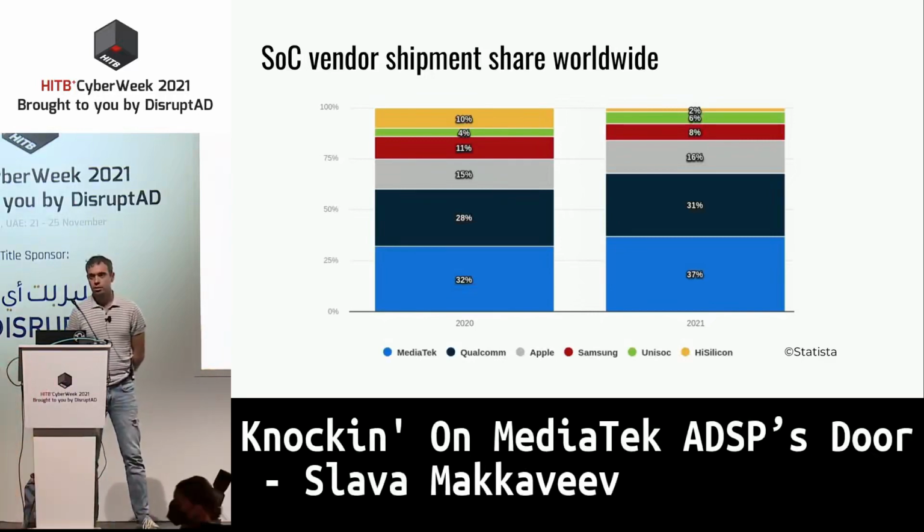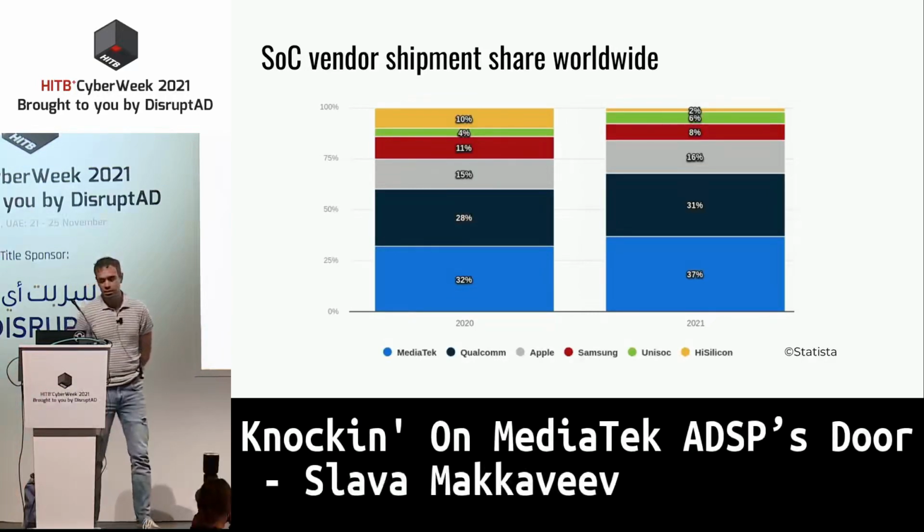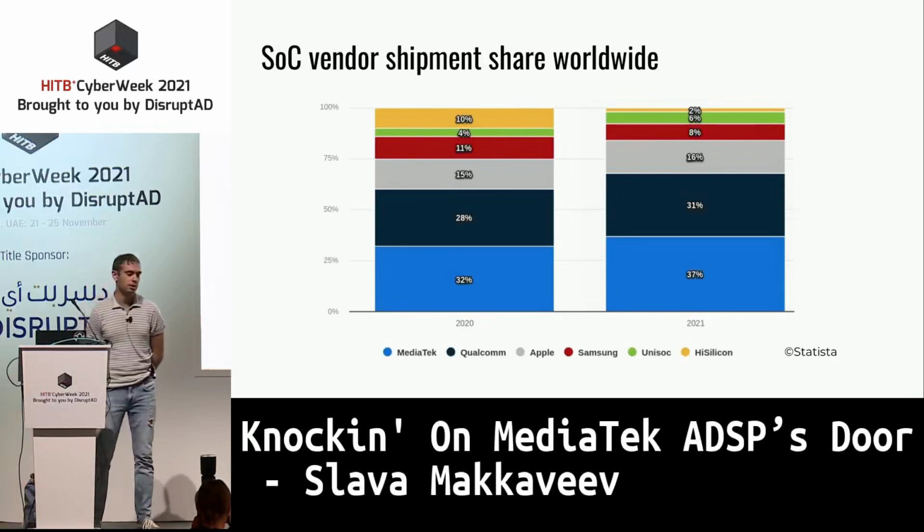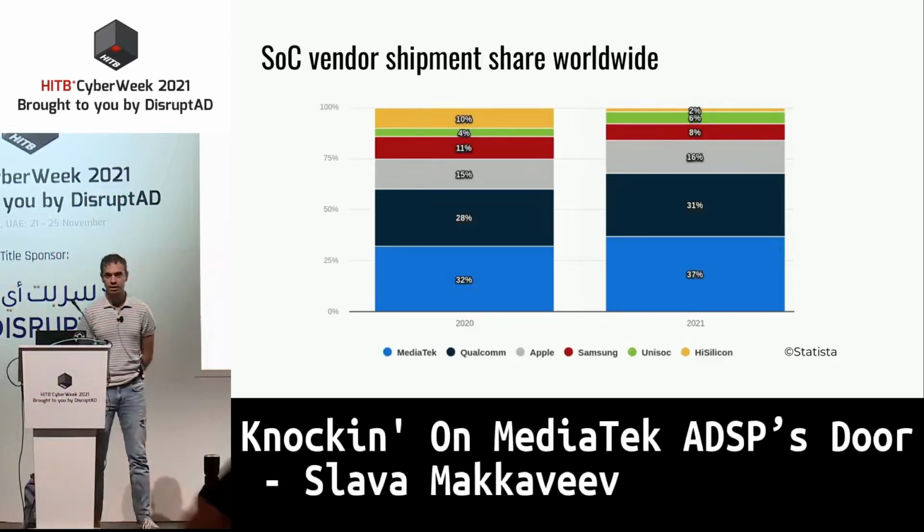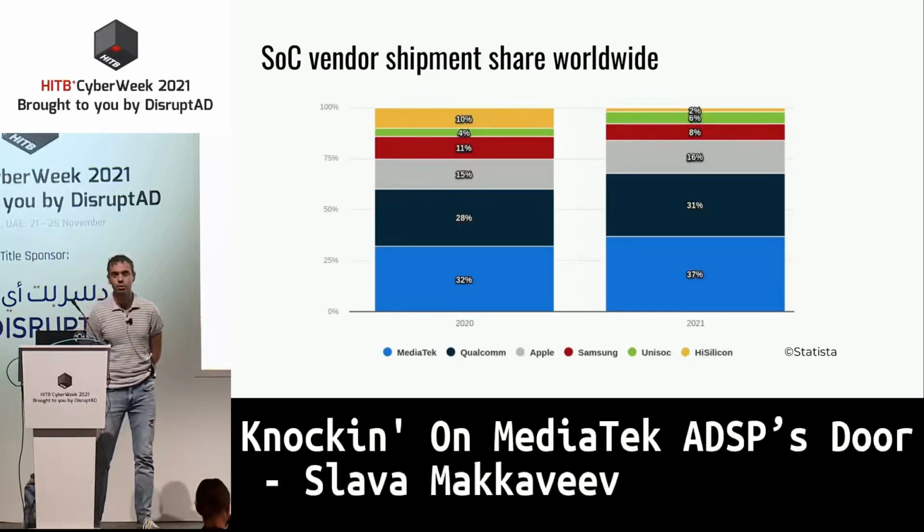And moreover, according to the latest statistics, 43% of all smartphones sold in the second quarter of 2021 were based on MediaTek SoC. So if you want to target Asian users, pay attention to the MediaTek software.